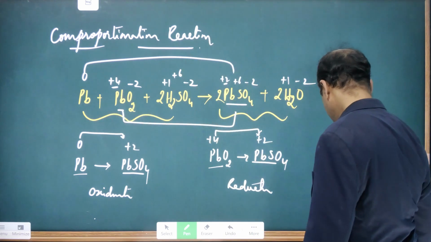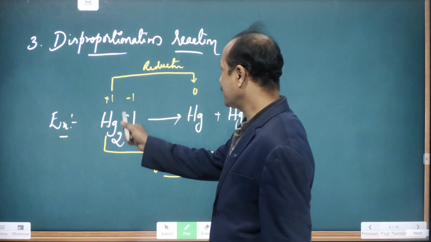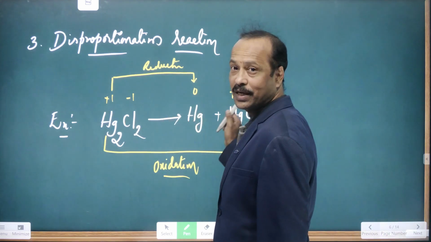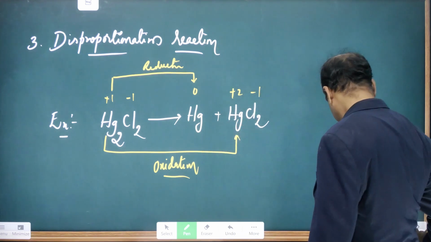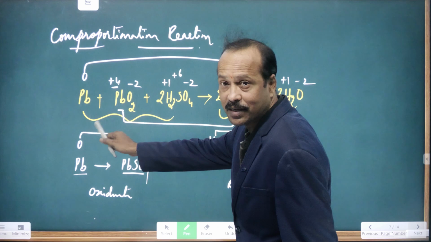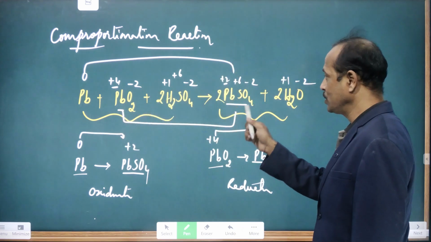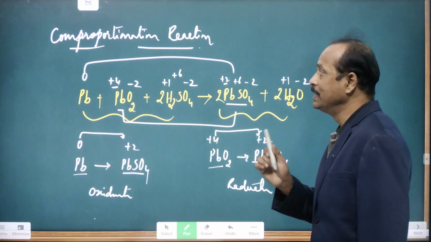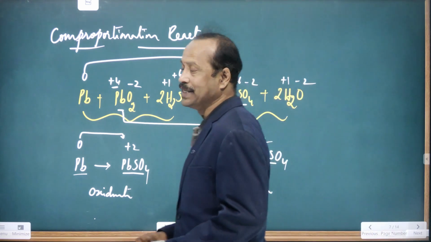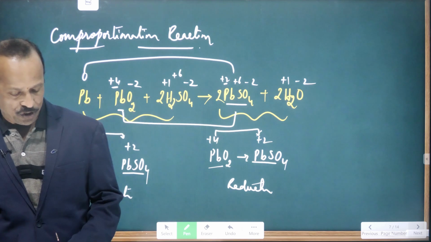So there, one reactant is undergoing the oxidation and reduction into two different products. But here two different reactants are undergoing the oxidation and reduction to form a single product. So exactly opposite to this one is the proportionation reaction.